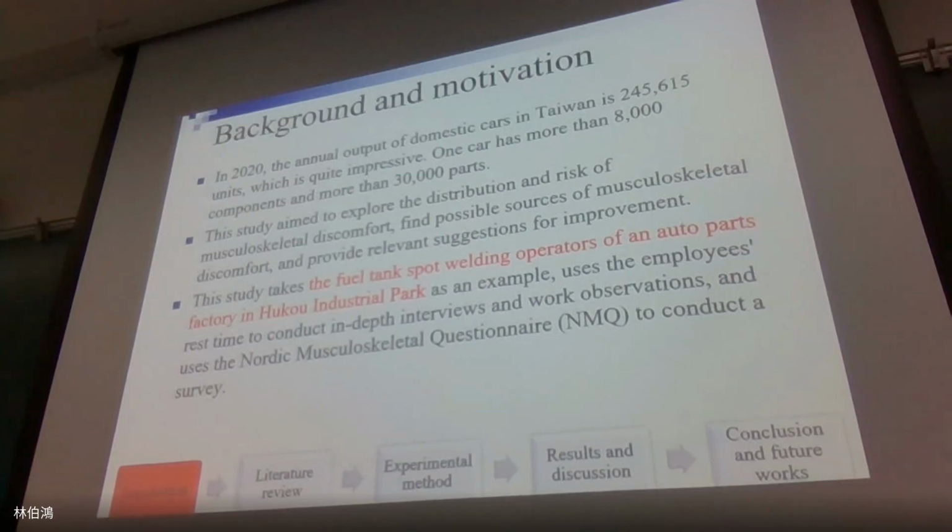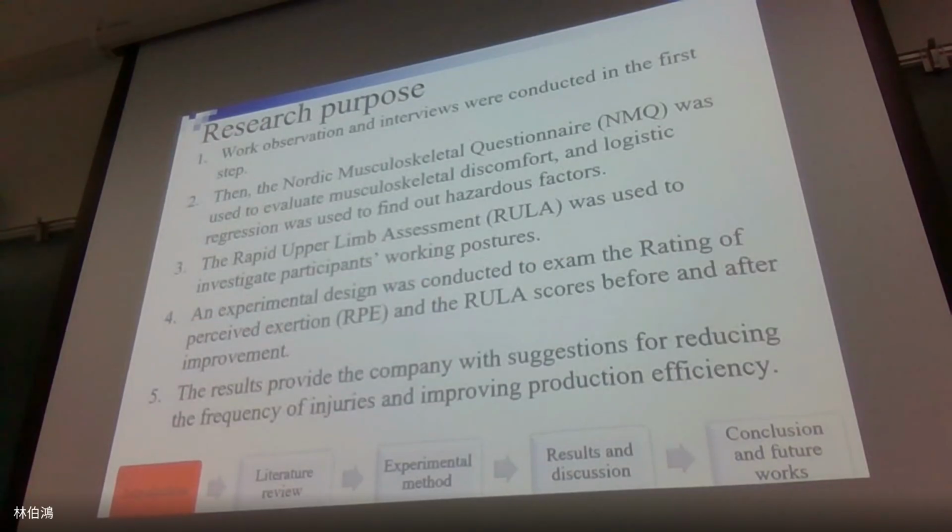We use a lot of methodology in this research. First of all, we use the NMQ, the Nordic Musculoskeletal Questionnaire, which is a very famous questionnaire for analyzing musculoskeletal discomfort.